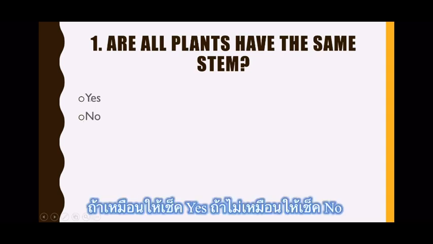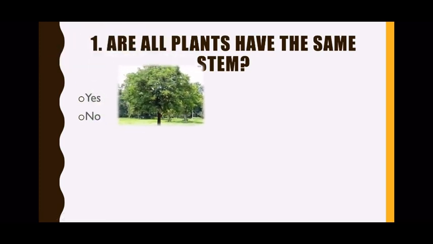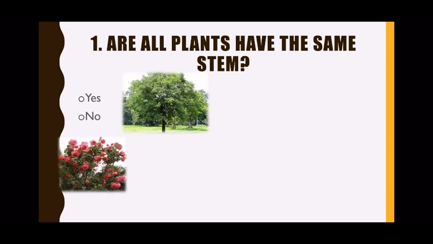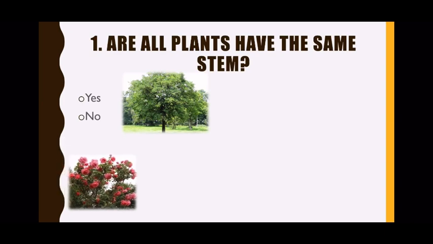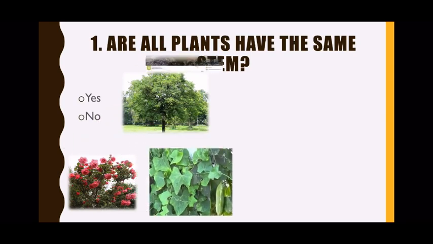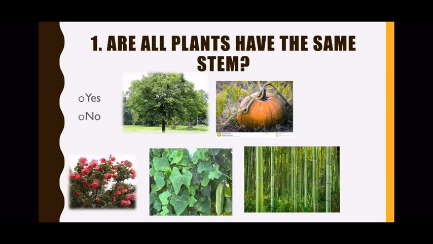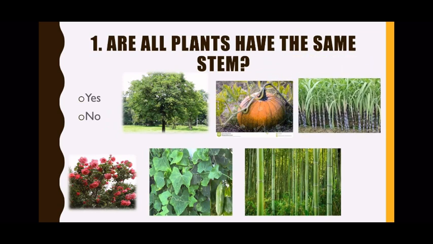If they have the same stem, you check yes. If the stems are not the same, you check no. You observe if the stem of each plant is the same.